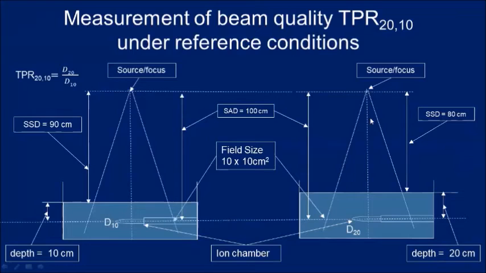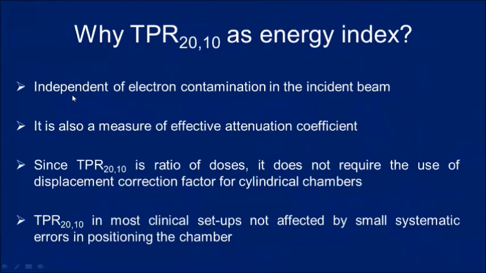The distance between source and chamber is maintained the same, 100 centimeter, but the chamber is at 20 centimeter depth. Now you measure the dose at 20 centimeter. So your TPR 20,10 is dose at 20 divided by dose at 10. This value is the energy index.